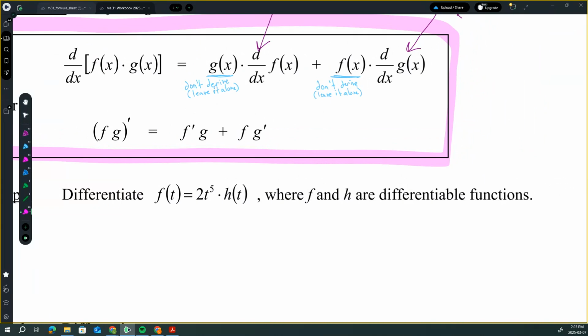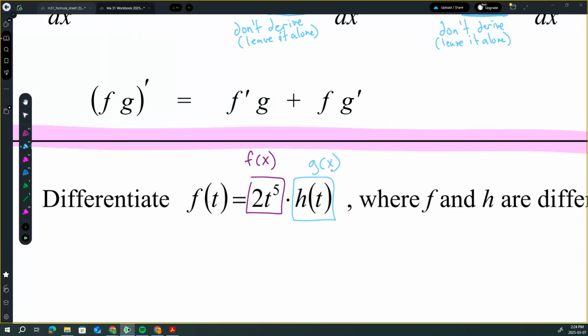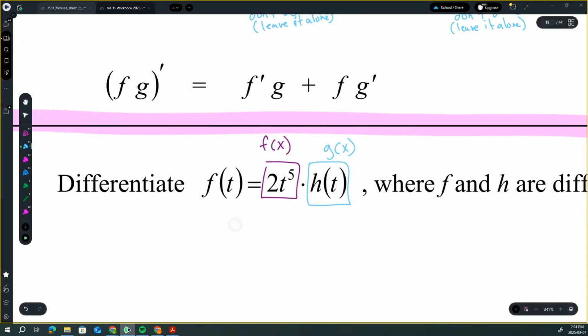Okay, so let's go. I'm just lining this up with our formulas given, so I'm just going to call this our first function, that 2t to the power of 5, and then the h of t, I'm going to call it our second function, so g of x.